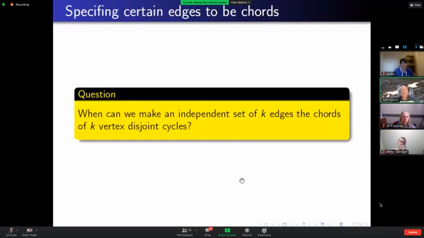All right, so another natural question to ask is, when can we make an independent set of k edges the chords of k vertex disjoint cycles?